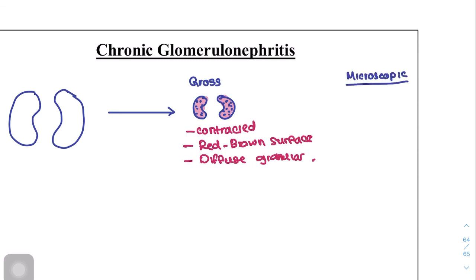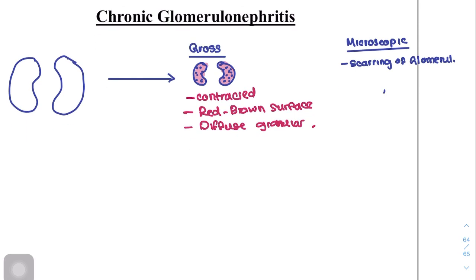In this, what is important is, over time, there's going to be scarring of glomeruli. And if this is a glomerulus, there's going to be collagen deposited all around it.